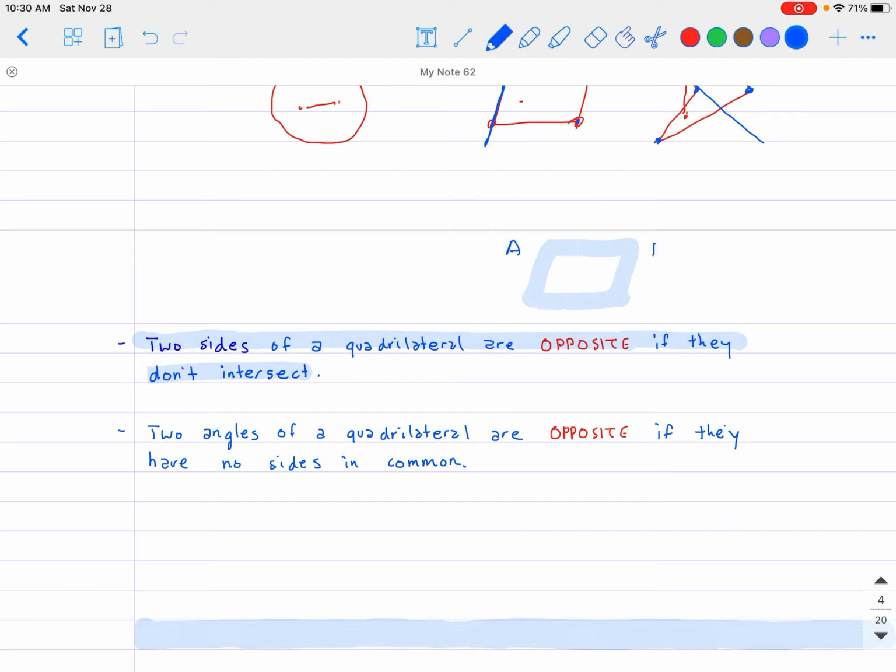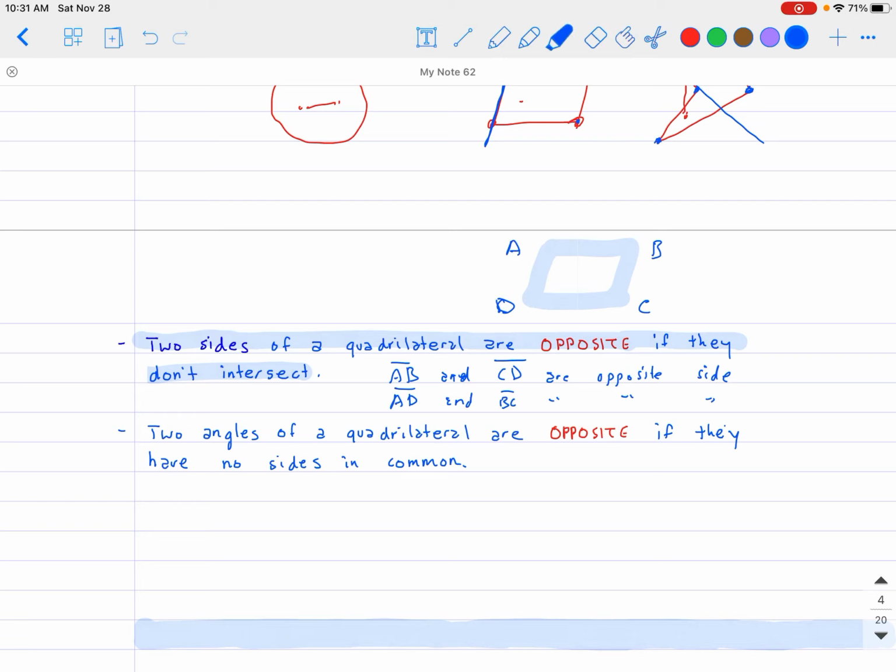Here's A, B, C, and D. In this case, we can say that AB and CD are opposite sides, because they don't intersect each other. Similarly, AD and BC are also opposite sides, because they don't intersect each other either.